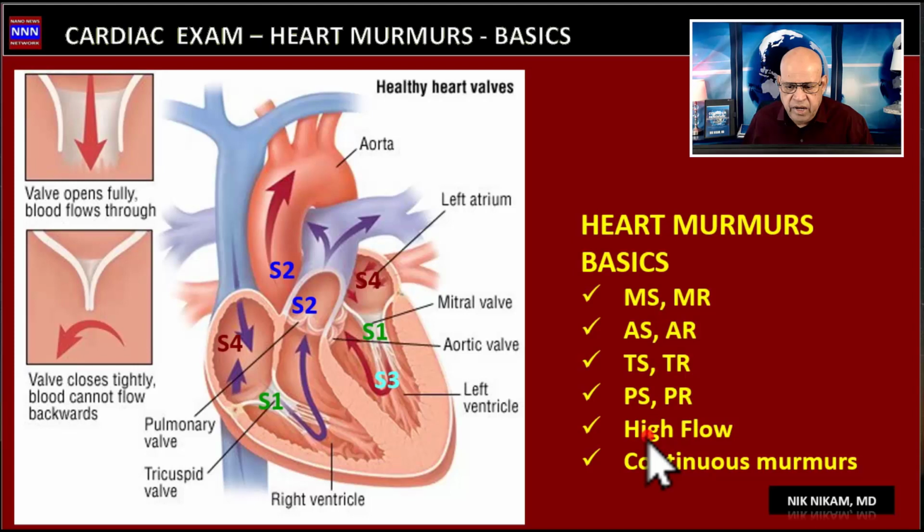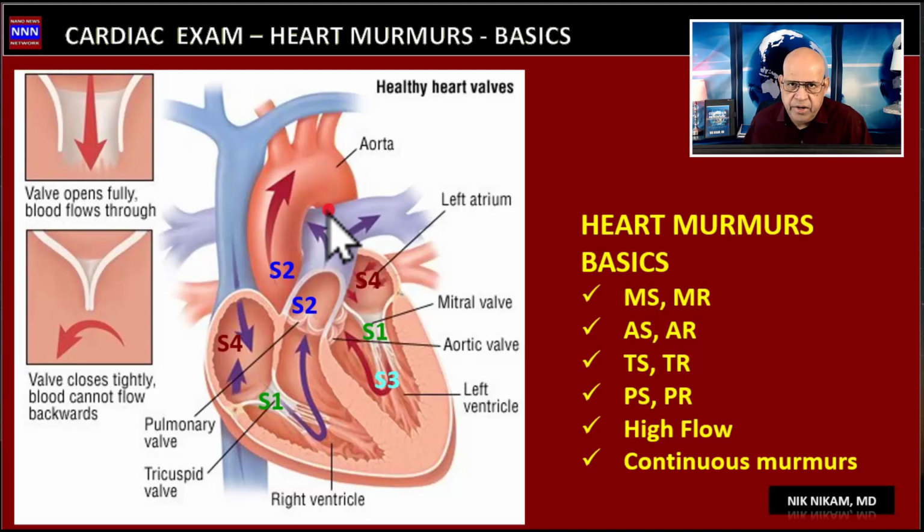So we talked about the high flow situations, and we talked about the valvular structures that can cause heart murmurs. One condition where we're going to hear a continuous murmur is in a patient with a patent ductus arteriosus that connects the pulmonary artery to the aorta congenitally.